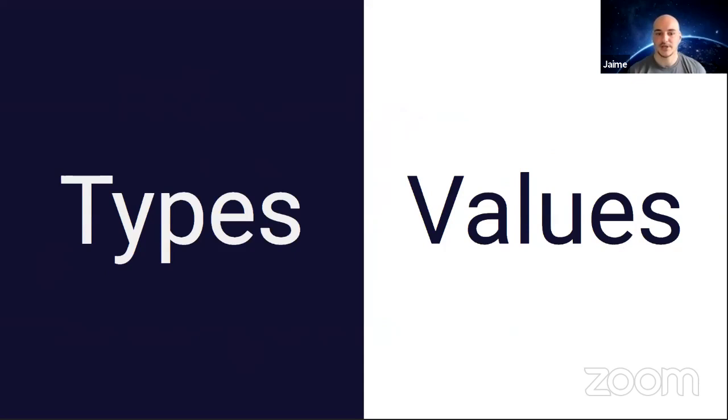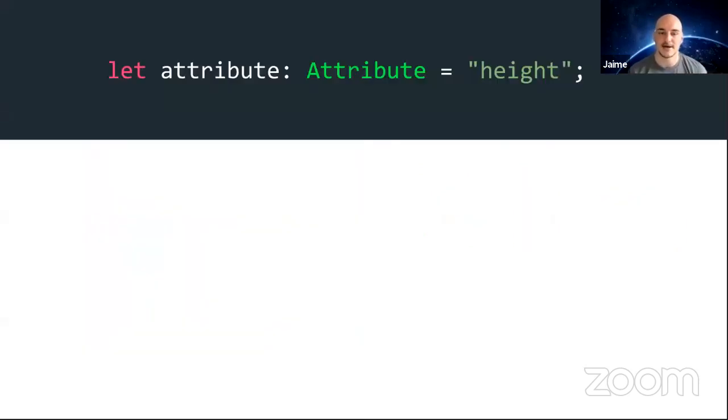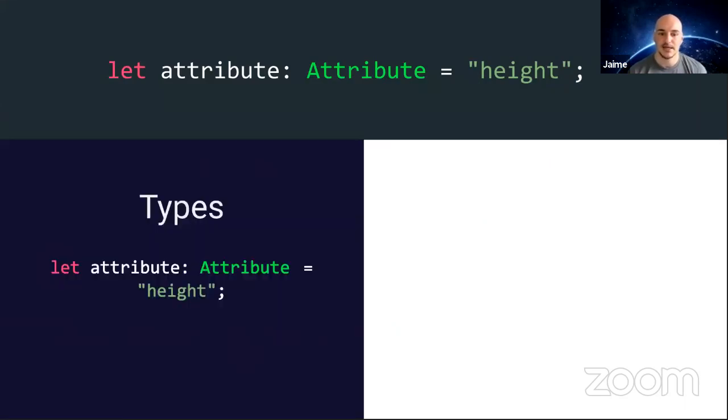Okay, so whenever you work with TypeScript, you have these two coexisting dimensions that sometimes intertwine, the type dimension and the value dimension. And here we have this statement where we create a variable. And then we have the type dimension, and it's everything there. And on the right, we have the values. This is what happens when you are running the code in the browser, or in the server.